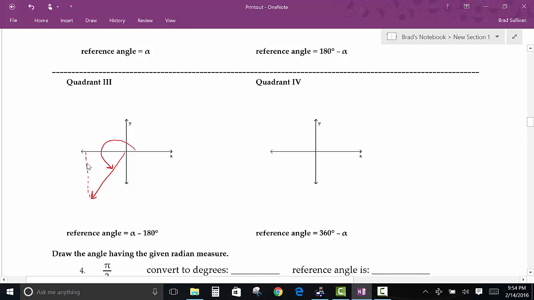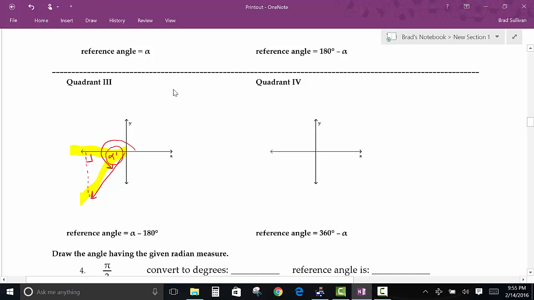You always are drawing to the x-axis, and then this angle right here is your alpha prime. So it's an acute angle. If you're in quadrant 3, you would be measuring between the x-axis and the radius like that. So you'd be looking at this reference angle right in there, that acute angle.